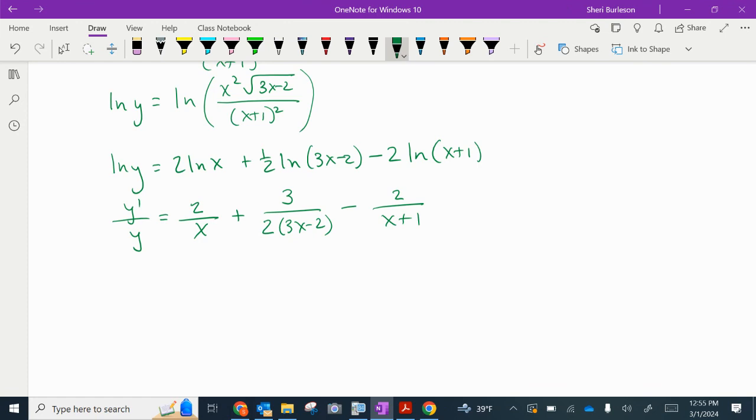I probably gave you the combined answer. Please don't do that. Stop here. Well, I'm actually not quite done, but don't worry about combining these. So now I don't want to know what y prime divided by y is. I want to know what y prime is. So that means I need whatever y is times this.